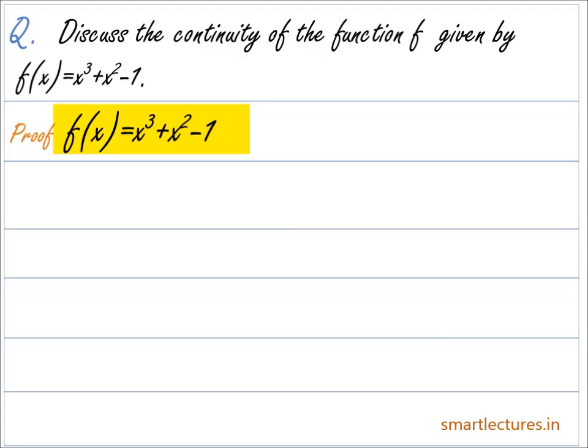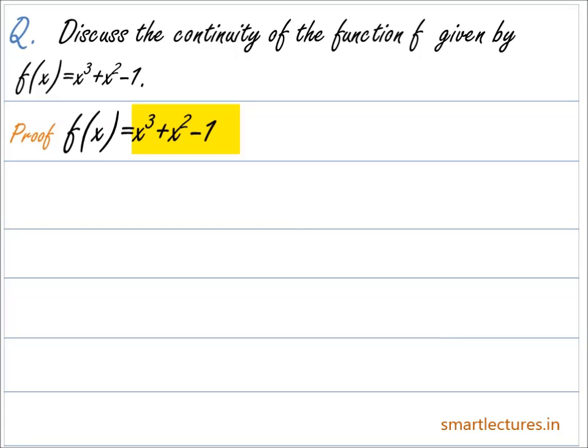So each term you can see x cube, x square and 1. Now if x is a real number, then x cube and x square will also be real numbers. So that means the function f is defined for every real number c.